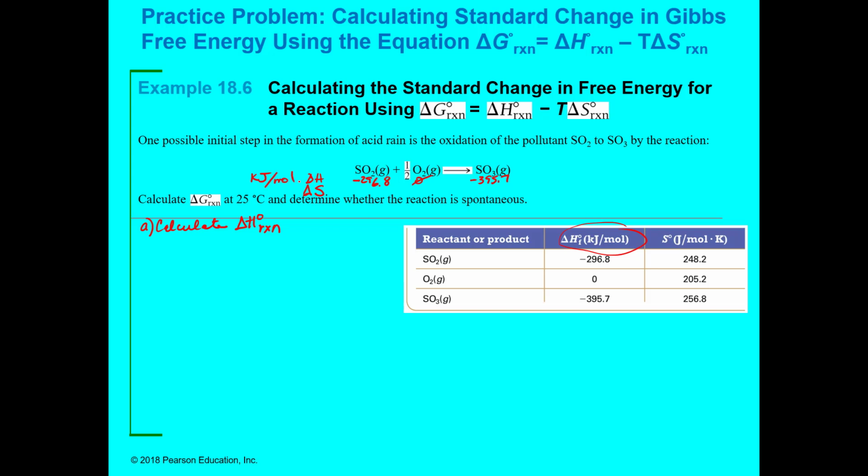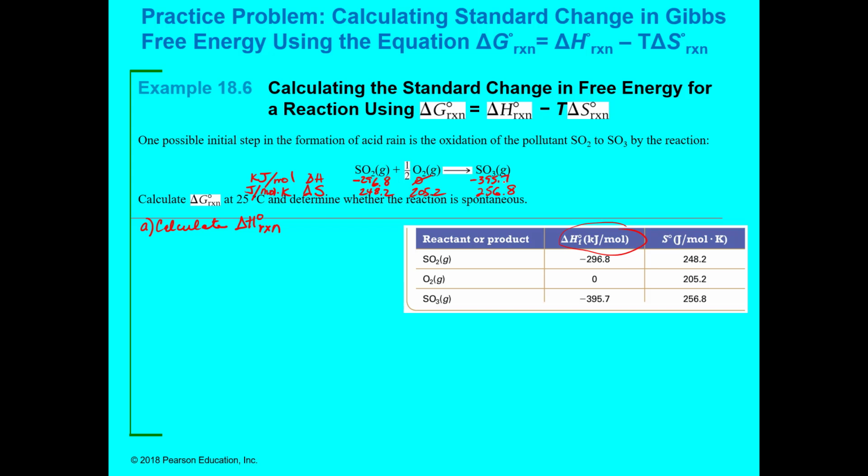My delta S is going to be in joules over mole times K, and there are no zeros in your delta S, so you've got 248.2, 205.2, and 256.8. All right, so those are the sets of our numbers.